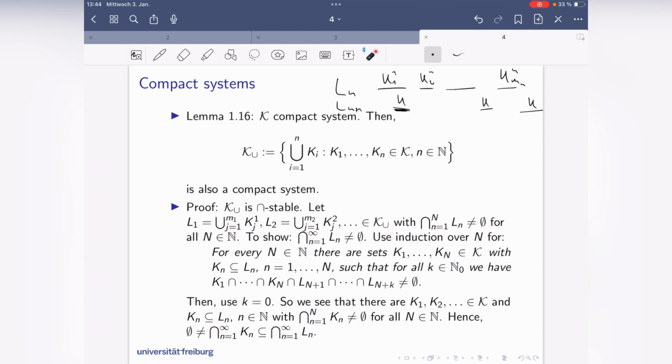And how can that be the case? Well, I have some K's here where the intersection is not the empty set. Otherwise, it just doesn't work. And basically what I'm doing here in the proof, and with a bit more text in the manuscript, is to make this more rigorous. So if these intersections are not the empty set, I also can find some K's such that the intersection is not the empty set.